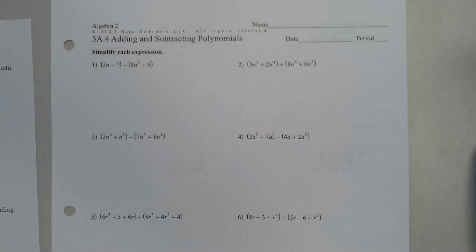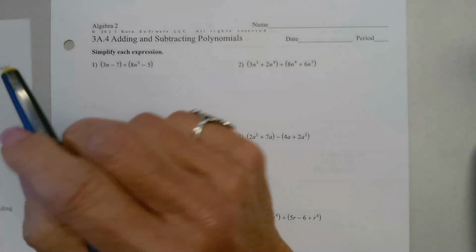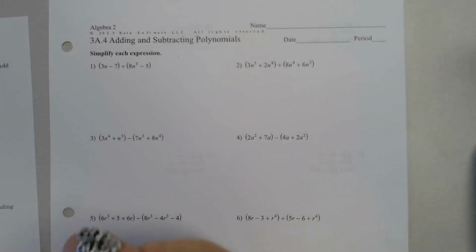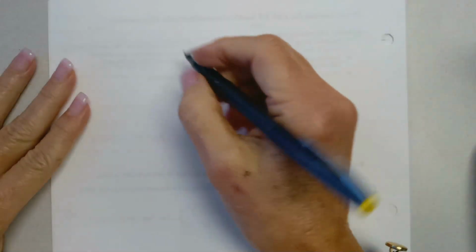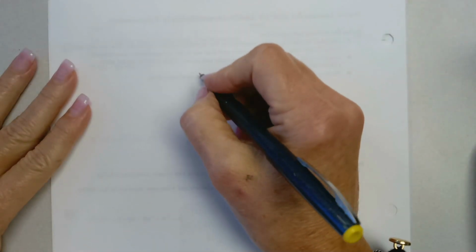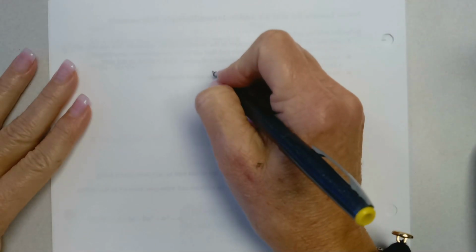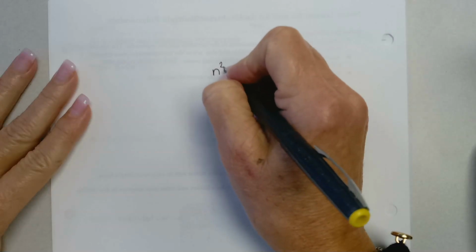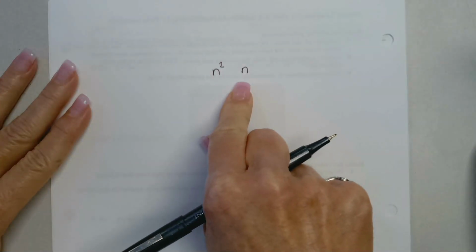In the lesson of adding and subtracting polynomials, what you need to be paying attention to is like terms. And just a reminder that like terms in this situation, since we're going to have variables of different kinds and with different exponents, if I have an n squared and an n, those are no longer like terms.